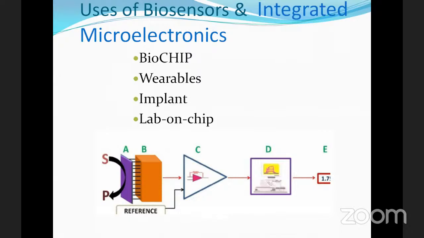Biosensors are also useful for development of the next level of micro devices, also called wearable devices. In recent technology, smartwatches are very popular, which can find the heart rate and respiration rate of a human being.